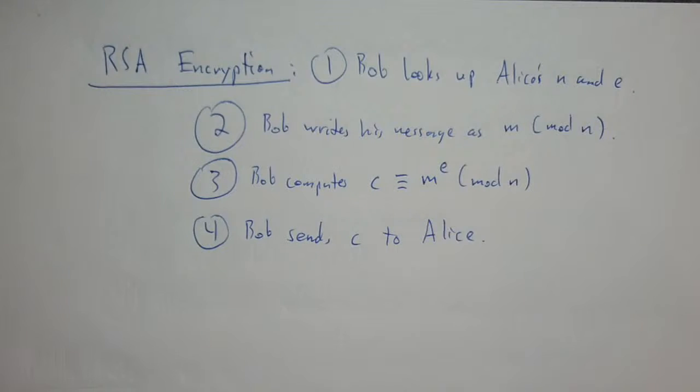So Bob doesn't tell anyone what his choice of m is. He could describe the process by which he turns a text message into an integer, but as long as he doesn't give them what m he's sending along, then once he transforms it to this C, we don't care if someone intercepts this C, because this process is robust enough that they're not going to be able to figure out m from C, but Alice will be able to.